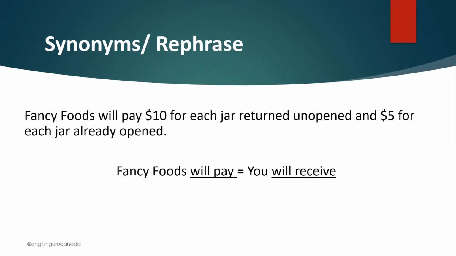Now, I would choose $5 again because we do not have the same words exactly as they're in the question. So the text says fancy foods will pay $10, and then we have fancy foods will pay, whereas the question asks how much will you receive. So will pay has been rephrased as will receive.